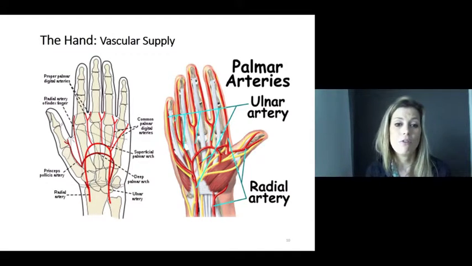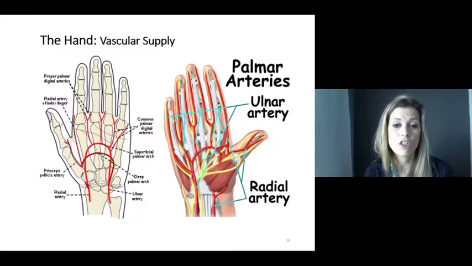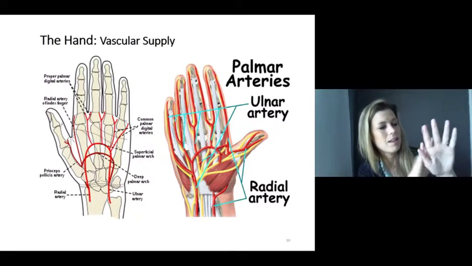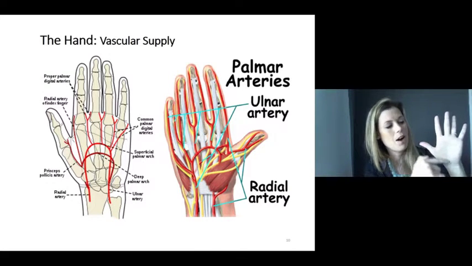Off of those arches, you have the common palmar digital artery, and then that progresses down to the fingers with the proper palmar digital artery. A good way to remember that is that the proper people are above the common people.